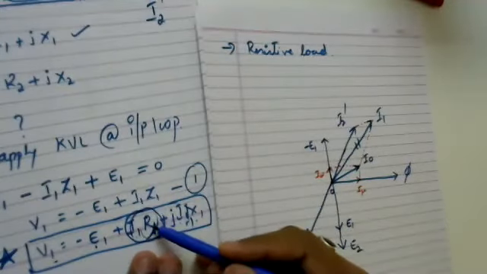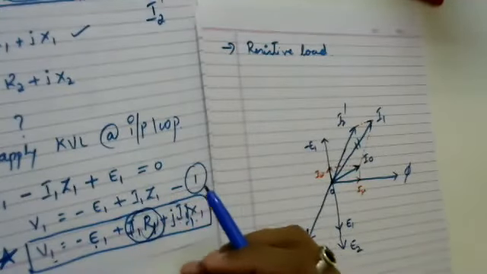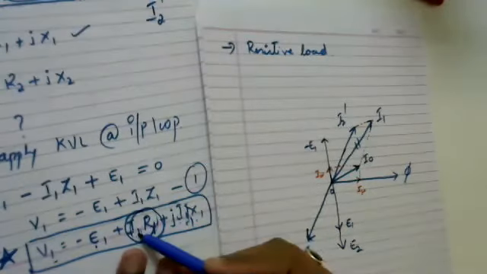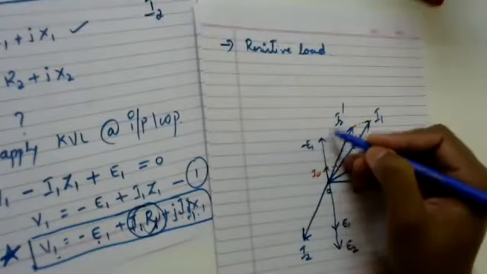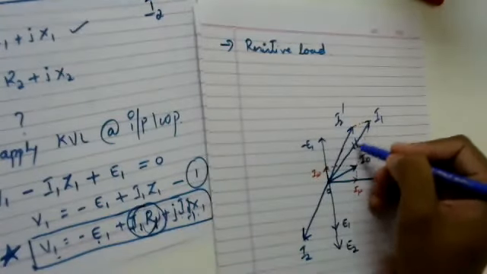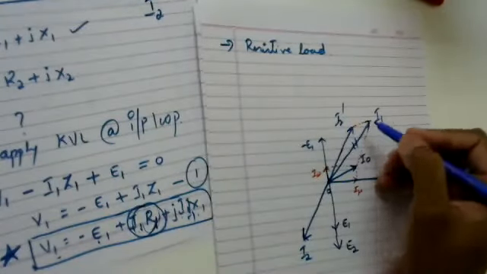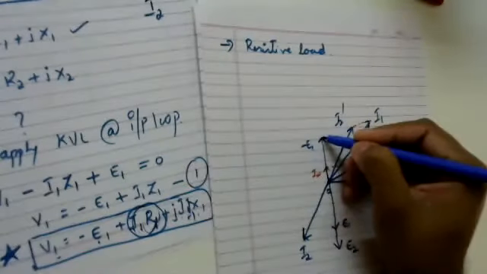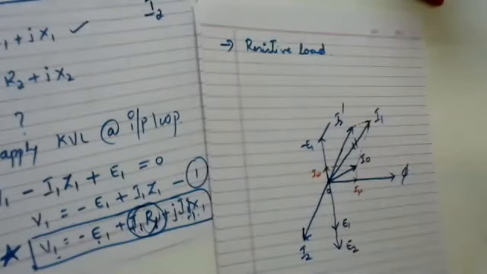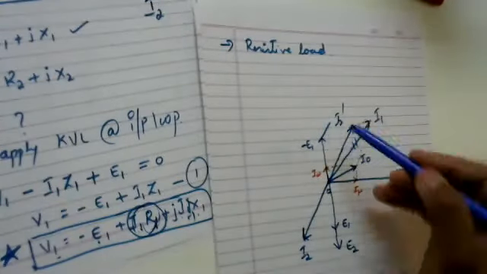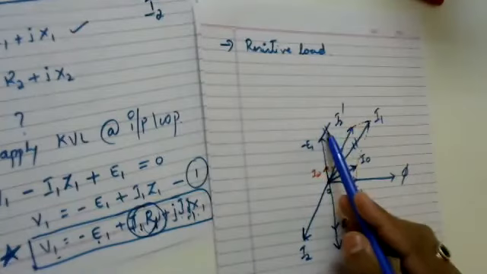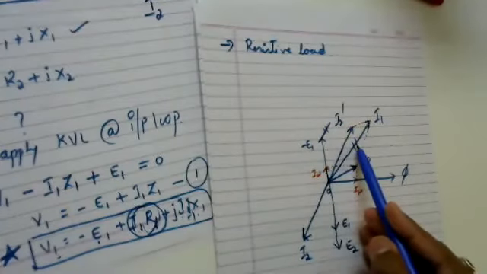R1 is nothing but the resistance offered by the primary winding. Am I right? Now this I1 R1 voltage drop is shown such that it has to be parallel to this vector I1. So I need to just show it like this. It indicates that this vector is parallel to this vector.